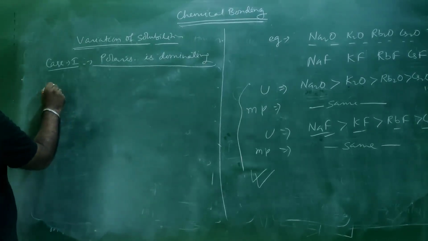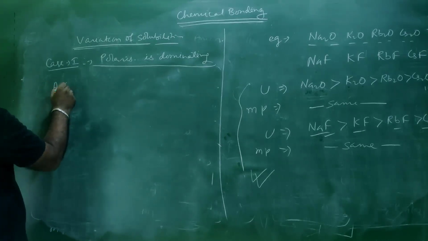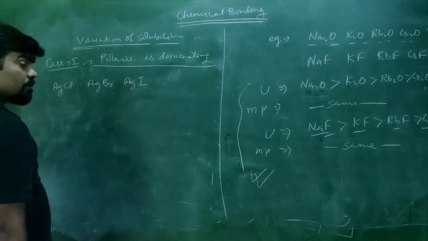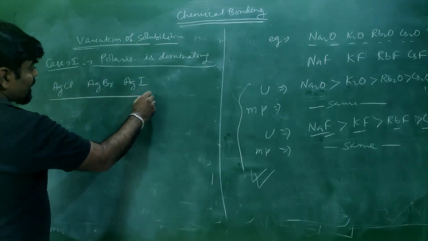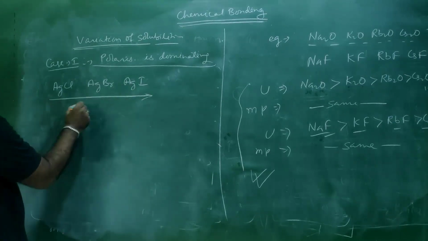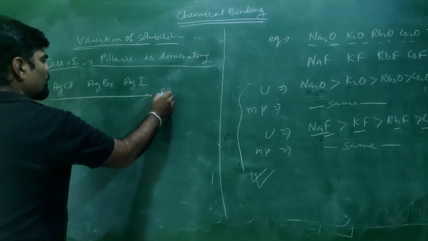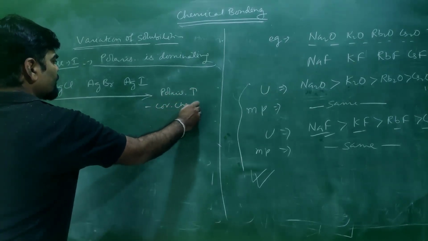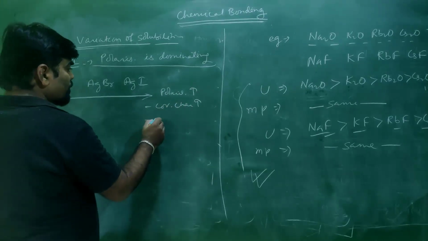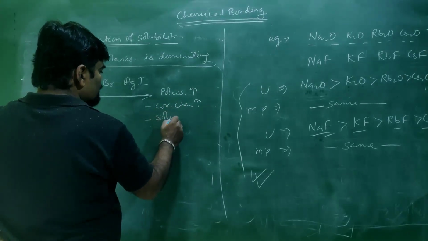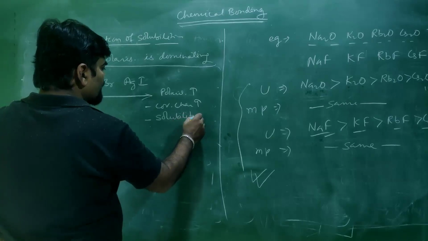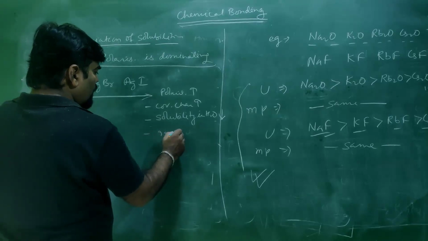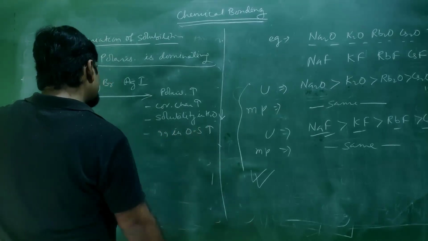Like, suppose there is AgCl, AgBr, AgI. What we can say is polarization increases, their covalent character increases, solubility in water decreases, and solubility in organic solvent increases.